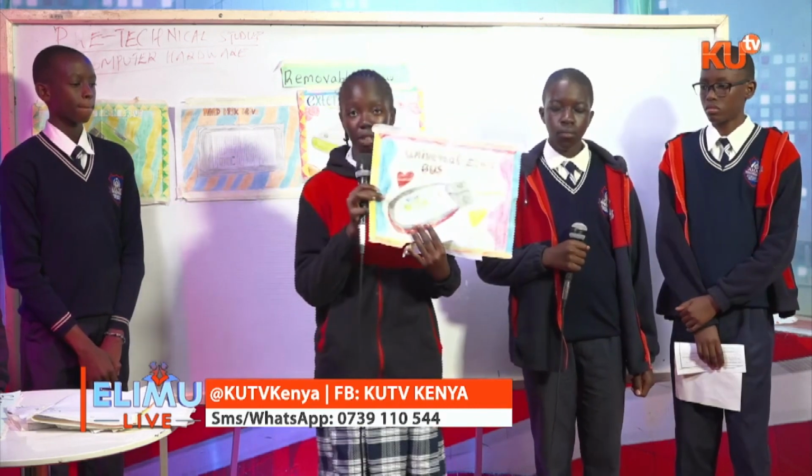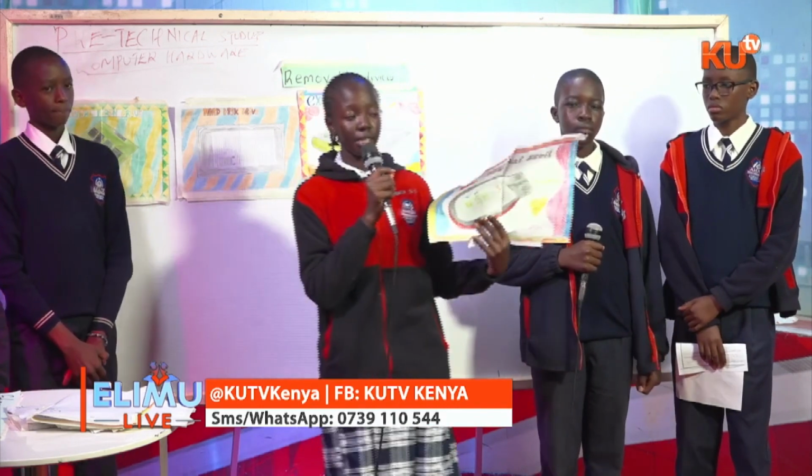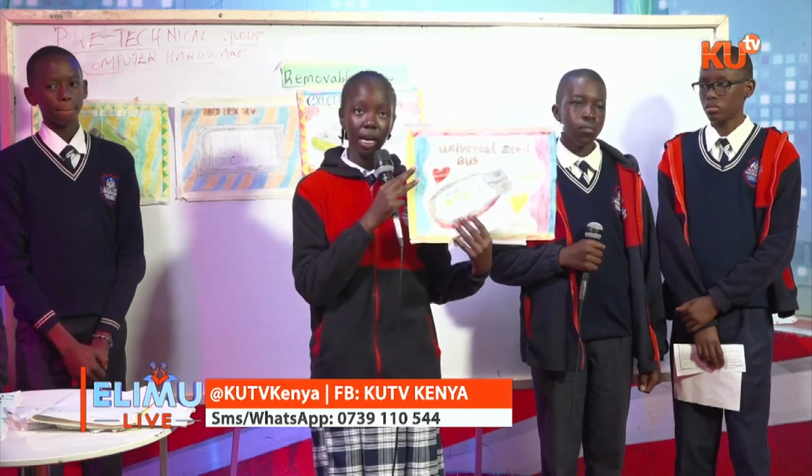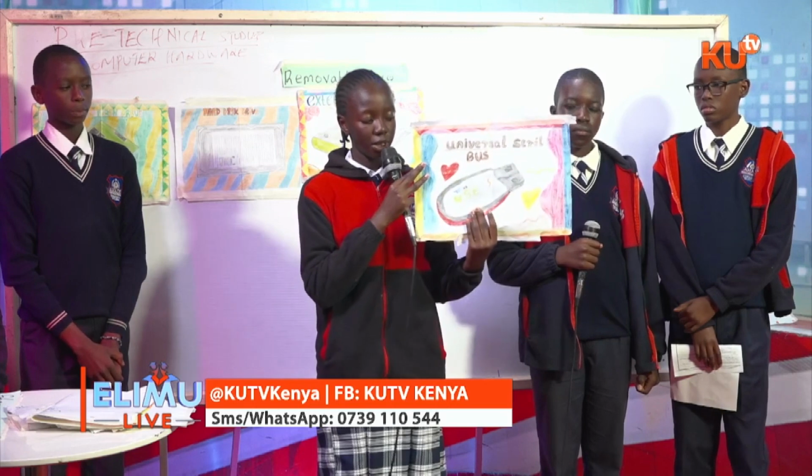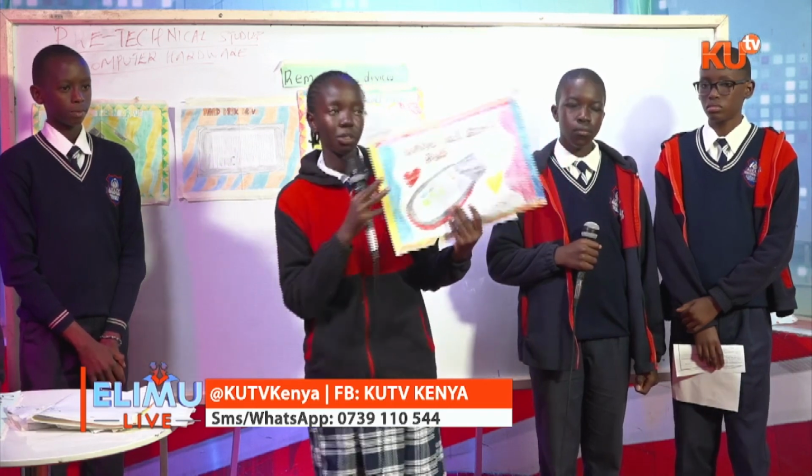Number 2 here, we have the USB. This is an external universal serial bus interface standard that is used to connect peripheral devices so that information can be read from it.